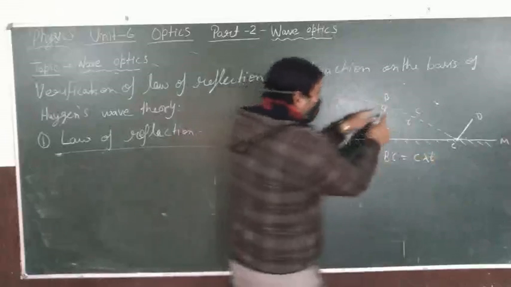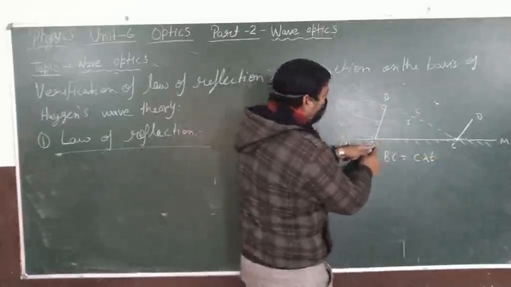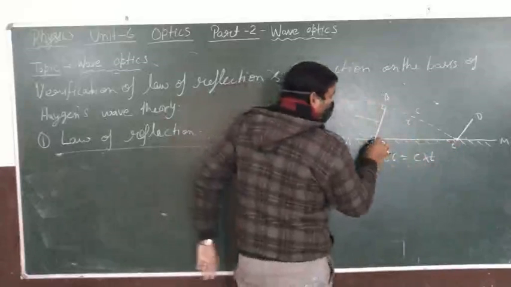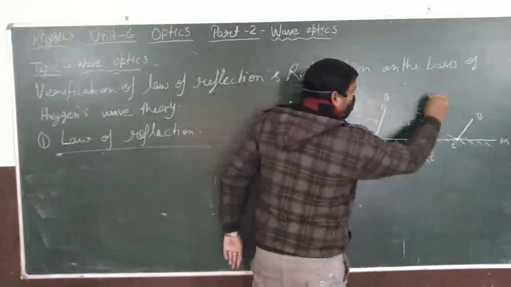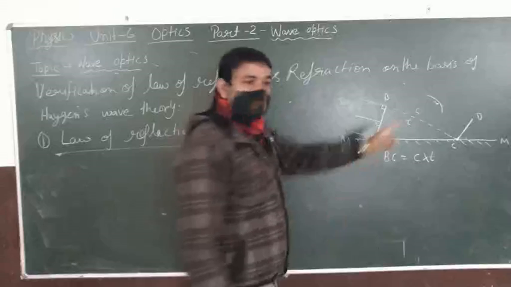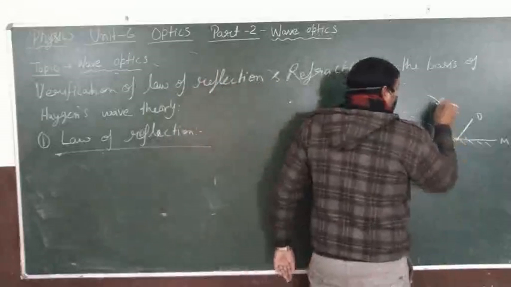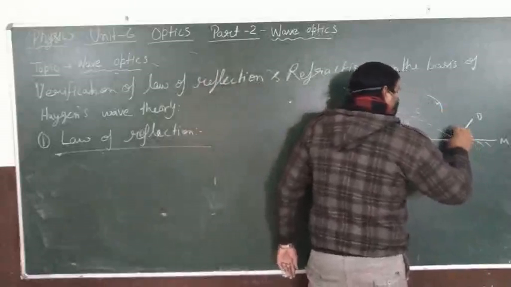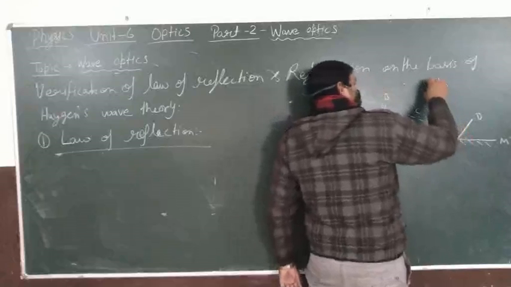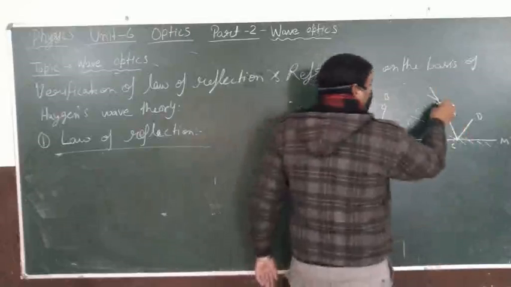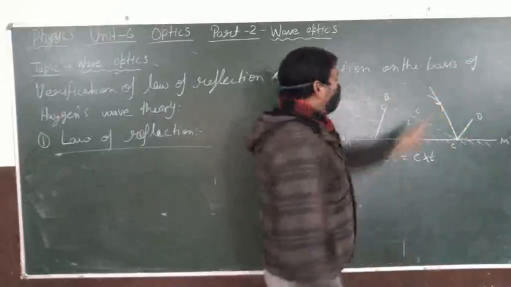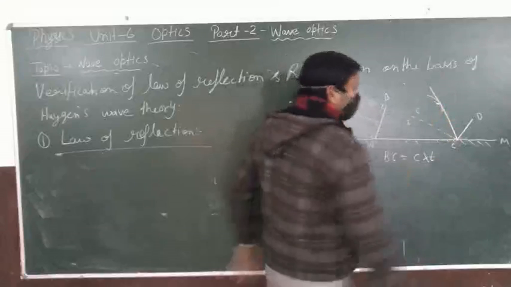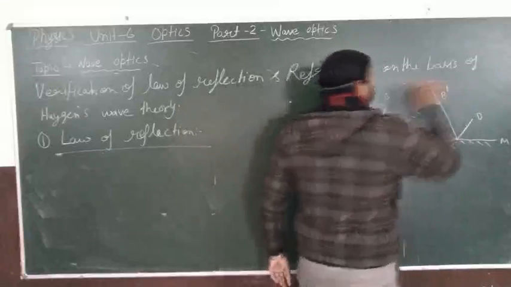Okay, now with center A and BC as radius, we draw an arc from point A and we observe that the arc reaches here, and then this is joined from C. Therefore the point of touching the arc by joining this, we say, is B dash.